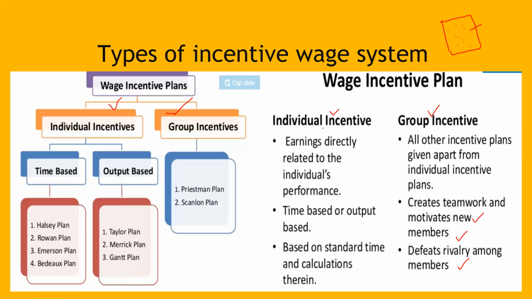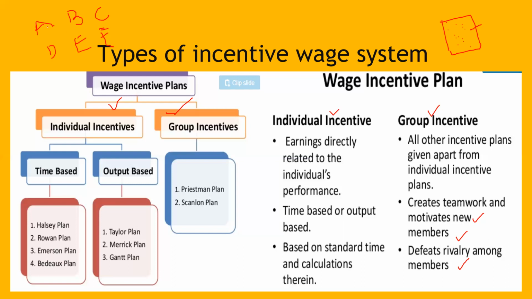But in individual incentive, as it relates to individuals, though you are 6 members in a team, Mr. A, B, C, D, E, F, all of you are individuals, not in a team.